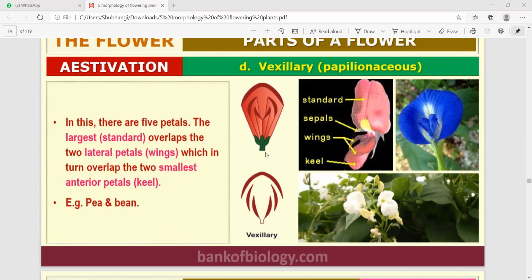And what are the lateral ones known as? Sir, lateral ones are wings. Very good. So there is a big one, the standard, which is overlapping the lateral ones, the wings, and the wings in turn are overlapping the smallest anterior petal, which is called what? Keel.